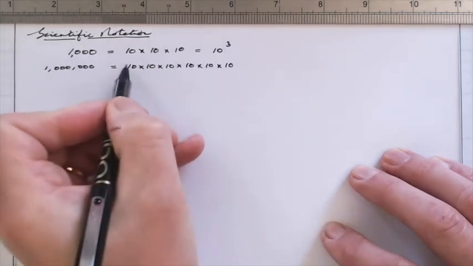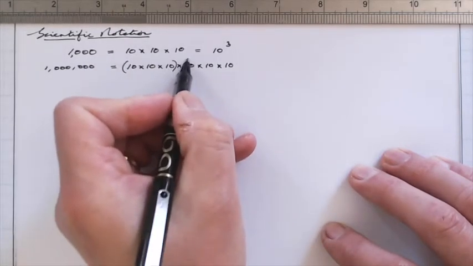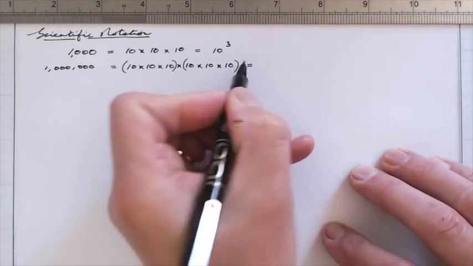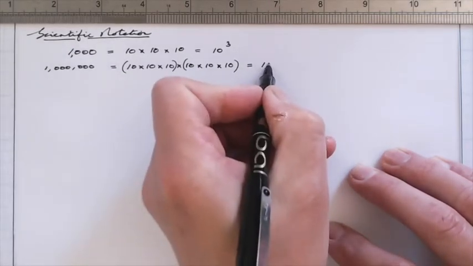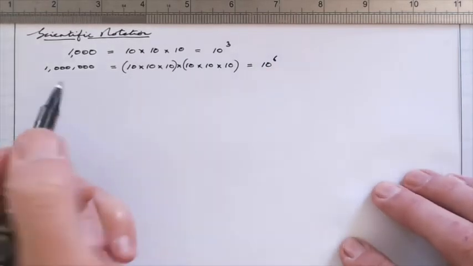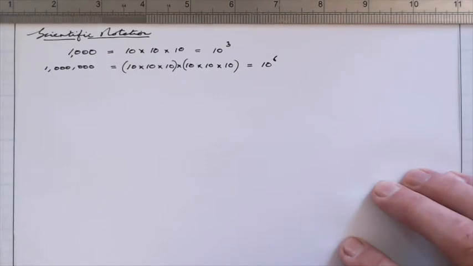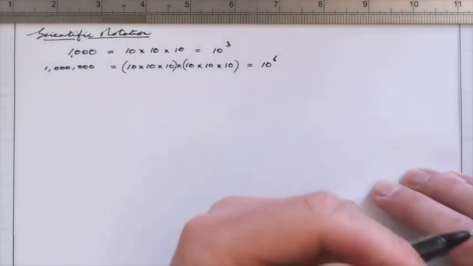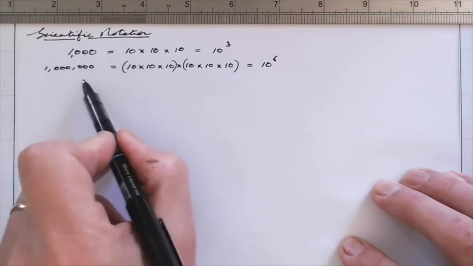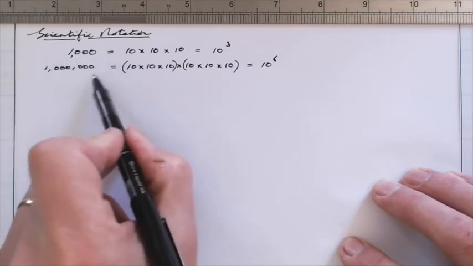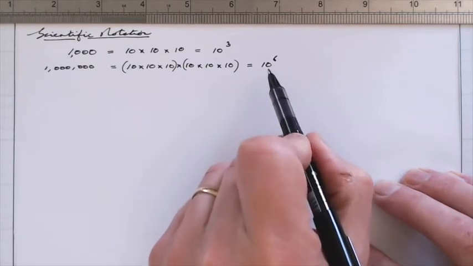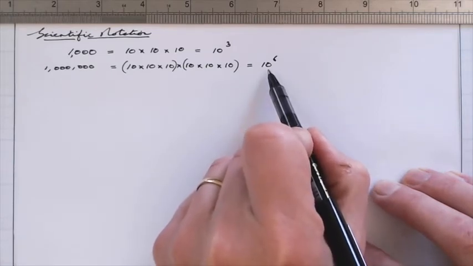You can also think of 1,000,000 as 1,000 squared, either way. But for our purposes, though, we can think of it as 10 to the power of 6. So when you start to think in terms of scientific notation, you want to start to have a very easy translation between words like 1,000,000, which stands for this number, and immediately think, oh, that's just 10 to the power of 6.